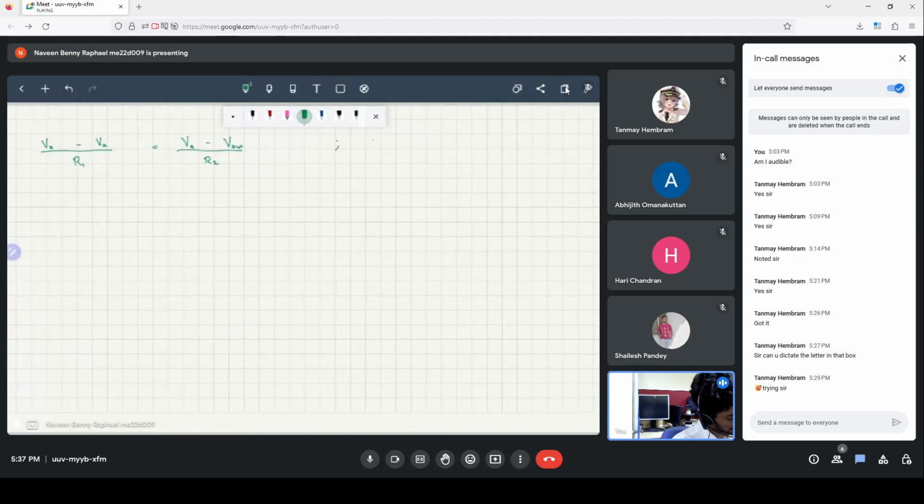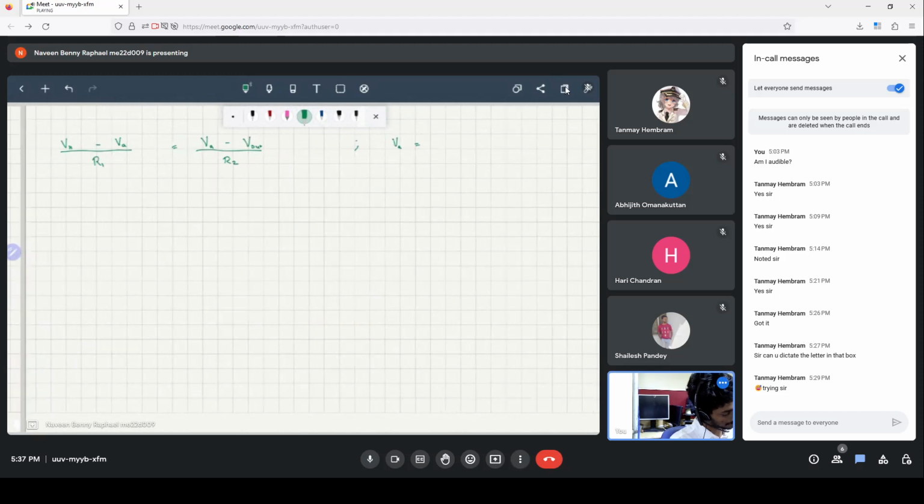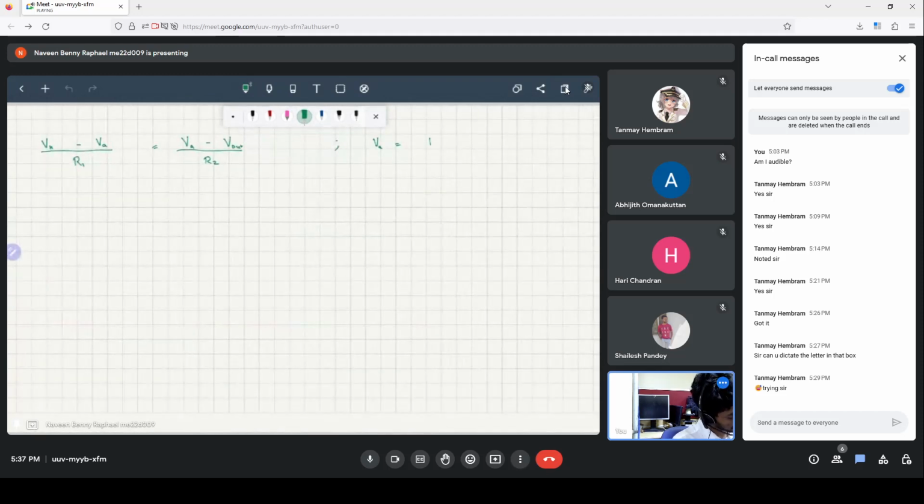We also know that VA is equal to R2 VC, so with a little bit of cross multiplication we get VH into R2 minus VA into R2 is equal to VA into R1 minus V out into R1.